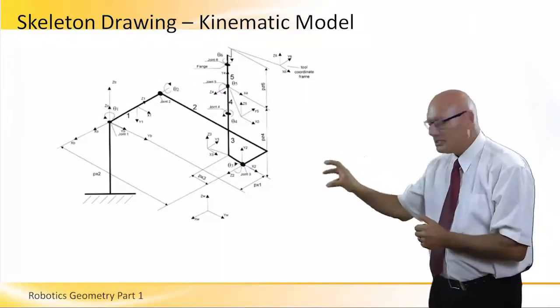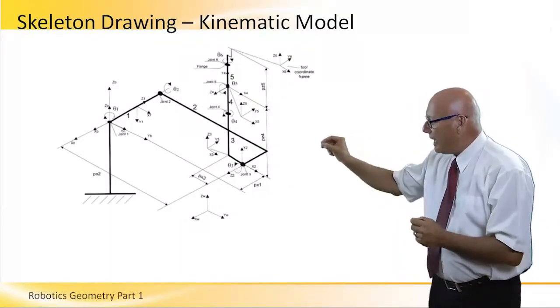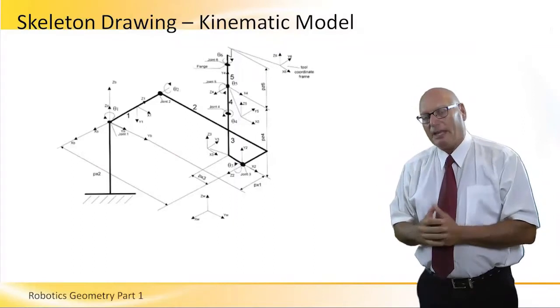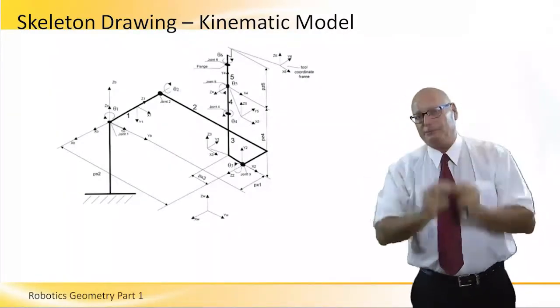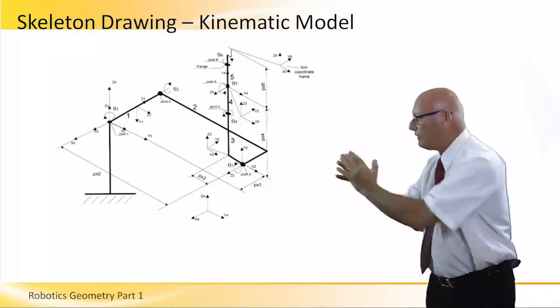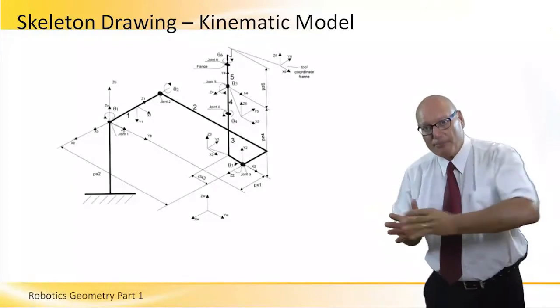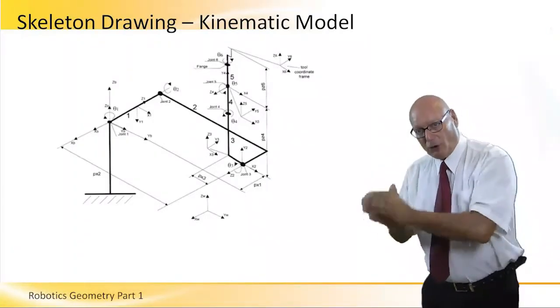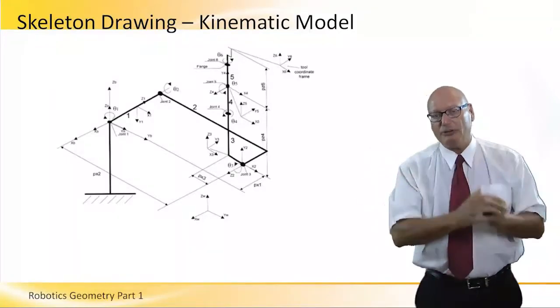So that particular skeleton that we see right now means that the end point, the gripper, is in a particular position. If we need to move the end point to another position, obviously we will have a different skeleton. Same robot, same process, but because of different positions of the gripper, each position will have its own skeleton.